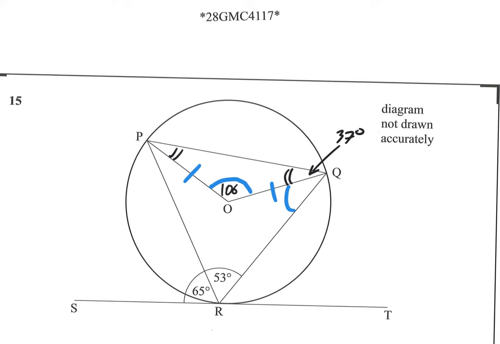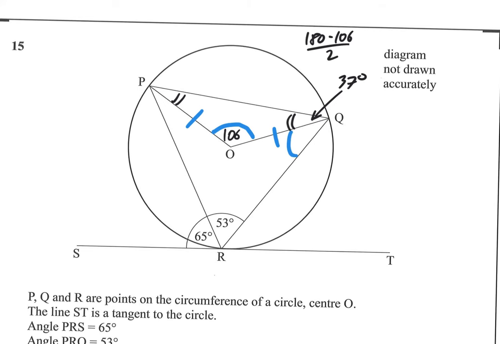So that was 180 minus 106 and then divided by 2. That's how I've worked that one out. Okay, so that's 37. But we want to find this angle here, the one in here, OQR.